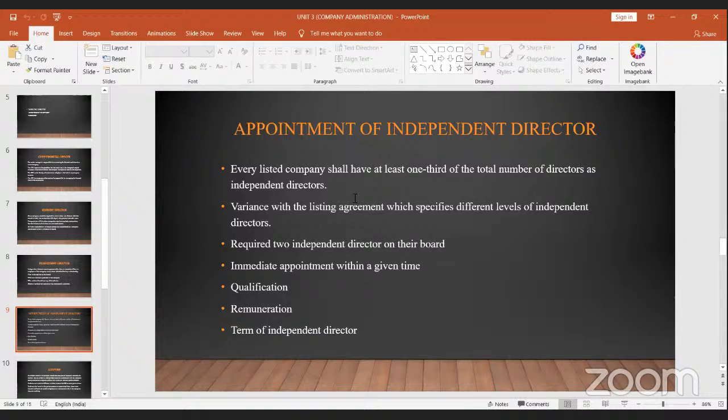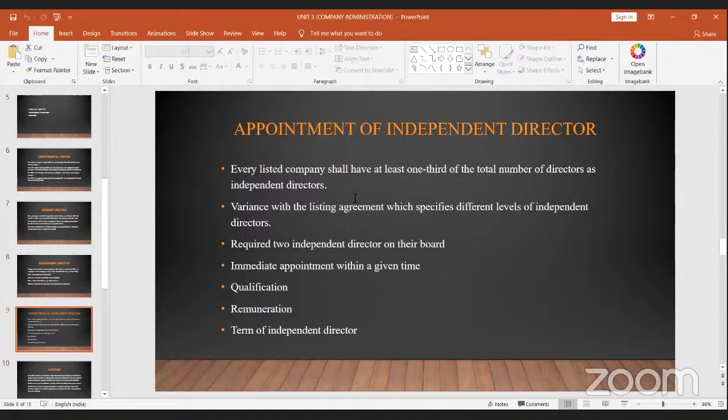So these are the main things while appointing the director. The company should be listed in the stock exchanges, and 1/3 of the directors should be independent. That's the main thing.